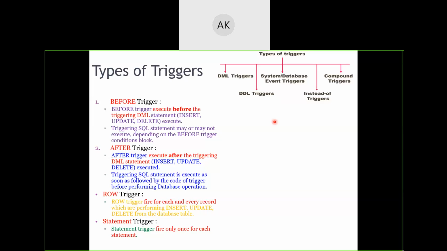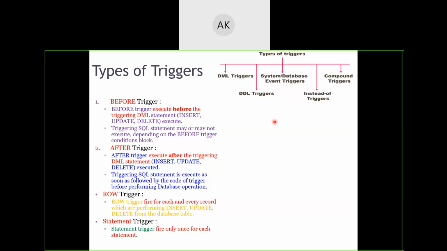Update total is equal to marks 1 plus marks 2 plus marks 3. And there were around 50 rows in that particular student table. So my total will get impacted for 50 rows, right? It will get calculated for 50 different marks. So if you want a trigger not to be executed 50 times, only once for that particular update statement, then you will have a statement trigger.